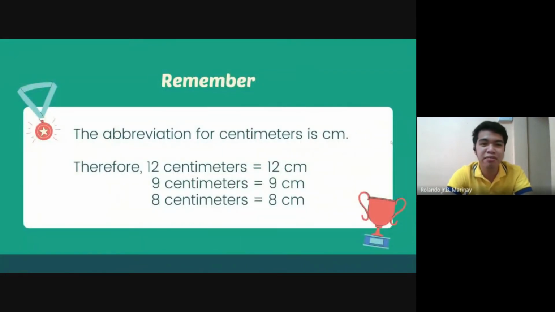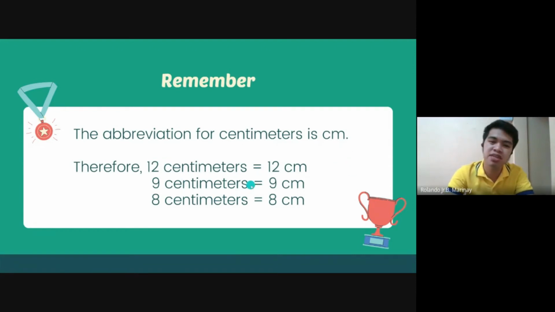Next, remember the abbreviation for centimeters is cm. When you say abbreviation, that is how we write the word in fewer letters. That is how we shorten the word. So we shorten the word centimeters by using the letters C and M. cm.